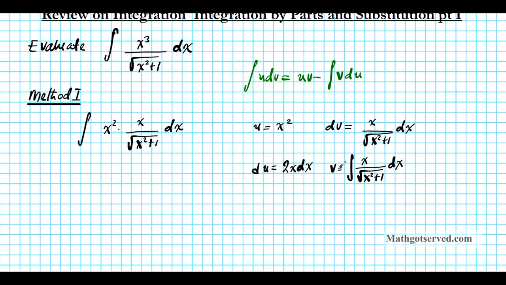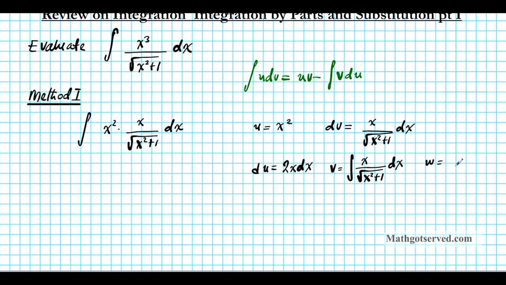Now in order to evaluate this integral right here, we'll have to use u substitution or integration by substitution. Since I already have my u taken, how about we use w here? If you notice, if I differentiate x squared, I'll have a multiple of x, namely 2x. So I'm going to call the innermost function of my composite function, x squared plus 1, w.